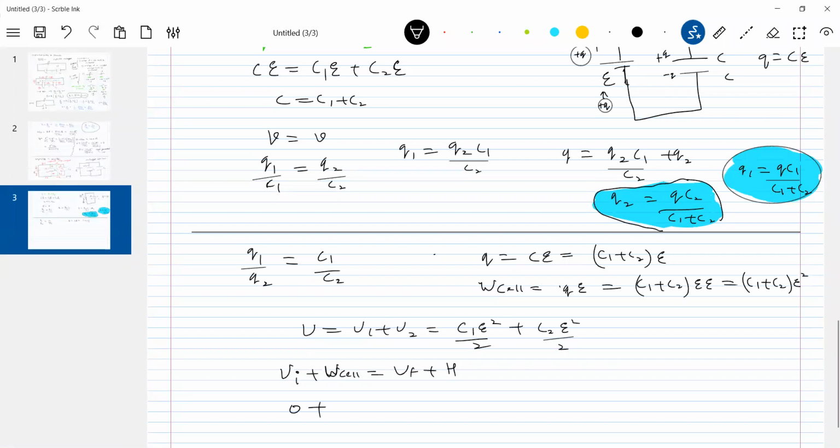So initial energy is 0, work done by cell is (C1 plus C2) E square, and this is the heat generated.